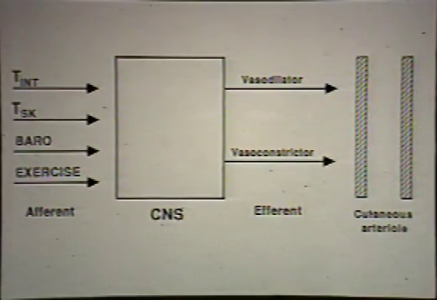Now, another use of the laser Doppler method that we've made in our lab recently is a series of studies that Dr. Dean Kellogg did. This is a simplified schematic of how skin blood flow is controlled by the nervous system. Specifically, there is not only the traditional adrenergic vasoconstrictor system, but there is also an active vasodilator system, a system of sympathetic nerves which, when activated, will cause blood flow in the skin to rise.